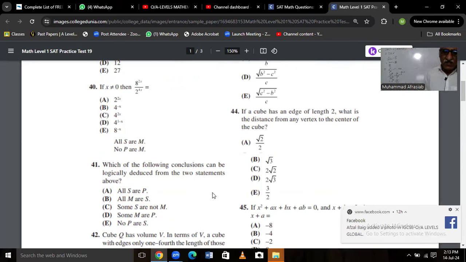So all S are in M. This means if it is S, then it is M. So all S are in M.